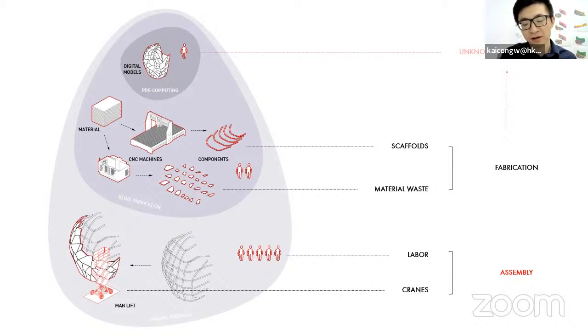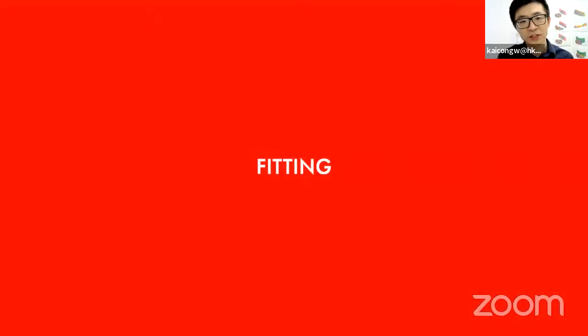I found this area is quite easily ignored, because, as I said, we are naturally interested in these making problems. But if you think about how to put things together, there are actually more potentials and more ways to challenge ourselves.